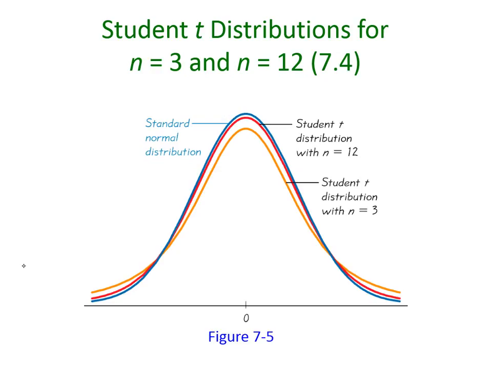If we're talking about heights, and you're only taking 3 people in your sample, and you happen to pick somebody that is 7 foot tall, then that one person has greatly changed what the mean height is in your sample. On the other hand, this had 12 in it. If you had 12 people in your sample and you have somebody that's 7 foot, it's still making your mean height larger than what it would normally be, but not as drastically.